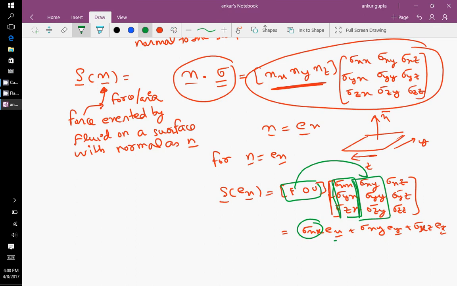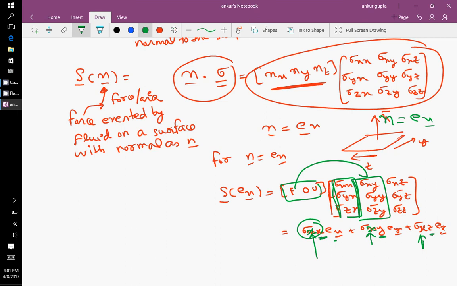Then I take and multiply with this vector and add and do the same thing. And you can see that all these components have x here, xx here, because the normal is only in the x direction, right? So that's why you only have x here, and the direction of force can be anything: x, y, z.